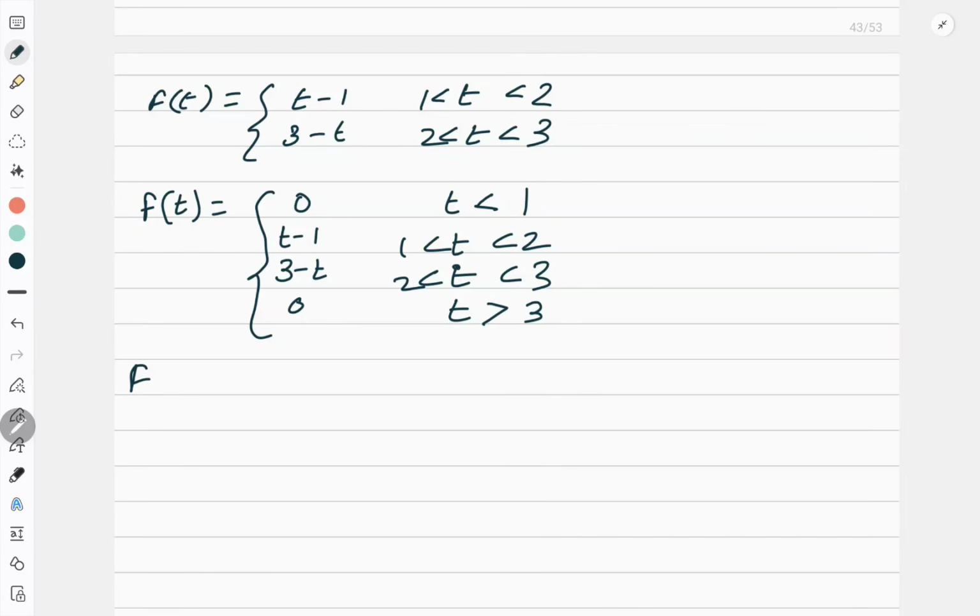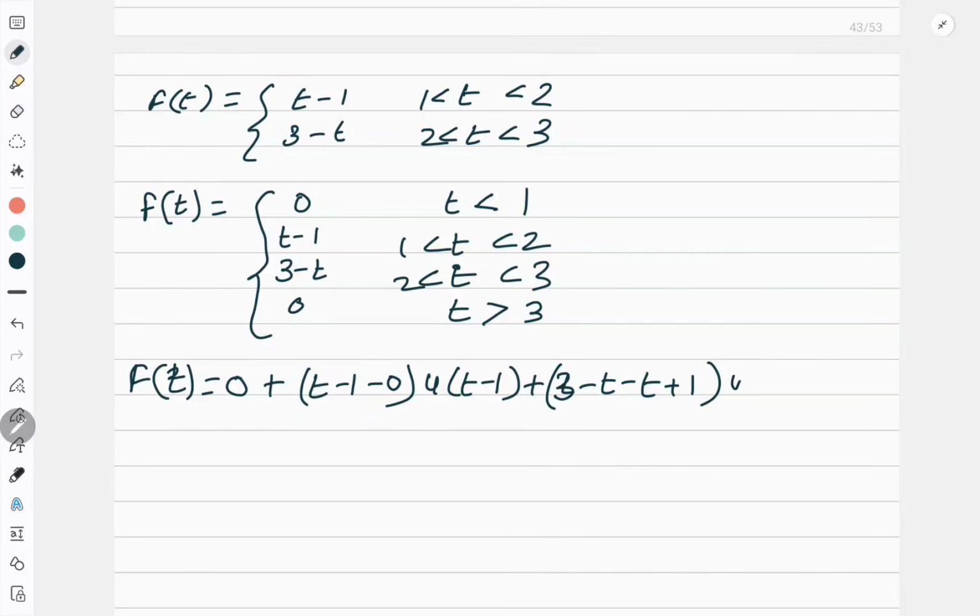So how will I write the unit step function? f(t) is equal to 0 plus (t minus 1 minus 0) u(t minus 1) plus (3 minus t minus t plus 1) u(t minus 2) plus (0 minus 3 plus t) u(t minus 3).